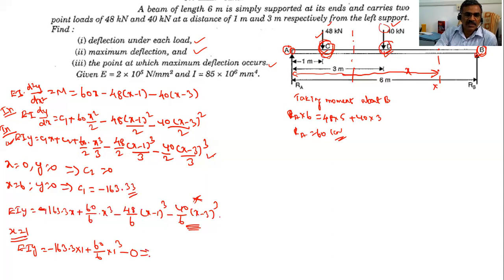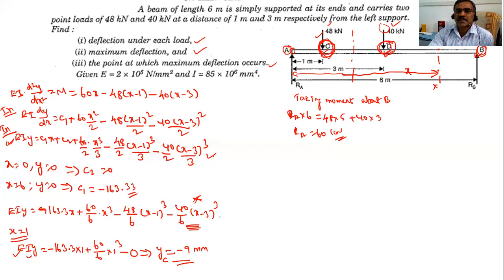So in this equation, you substitute the value of x and find the value of y. So this is which point? The deflection at point C. So YC is equal to minus 9 millimeters.